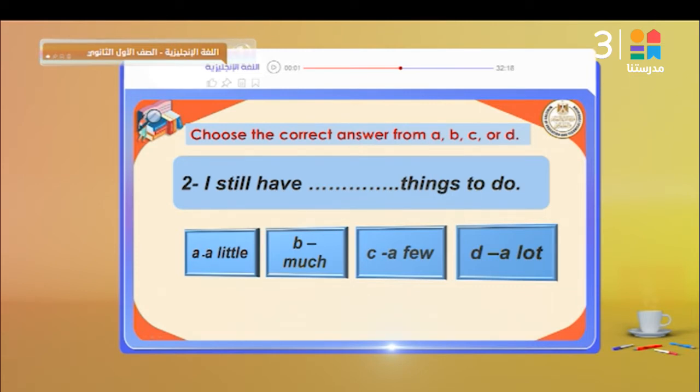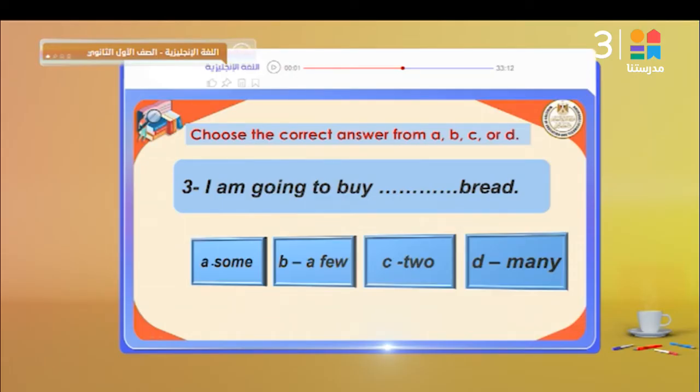Very good. We use the word a few or a lot, but the word a lot is wrong here because it doesn't have of. We must use a lot of. So here we use a few things, because the word few comes with countable nouns, but the word much and little with uncountable nouns, right?